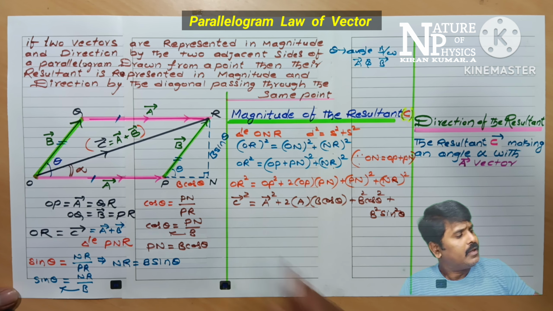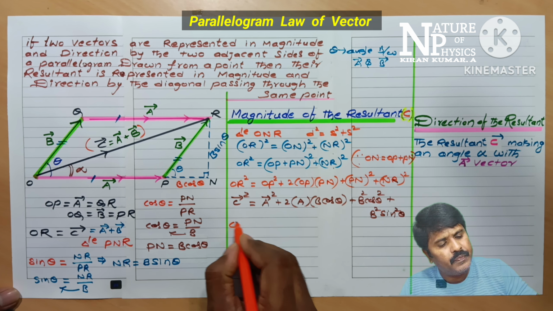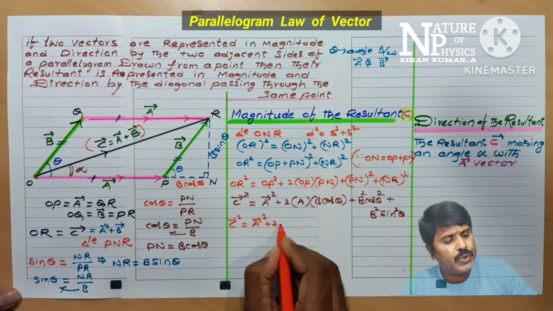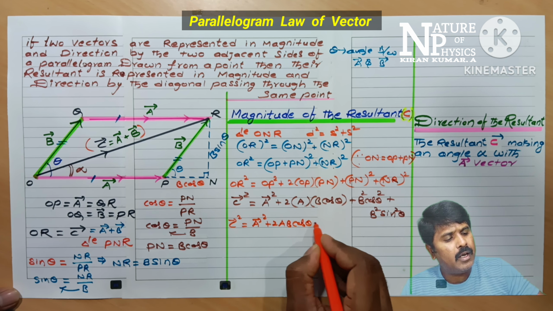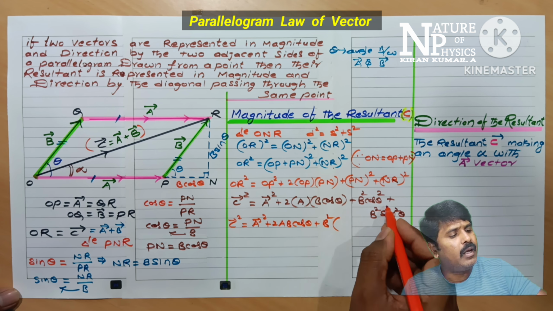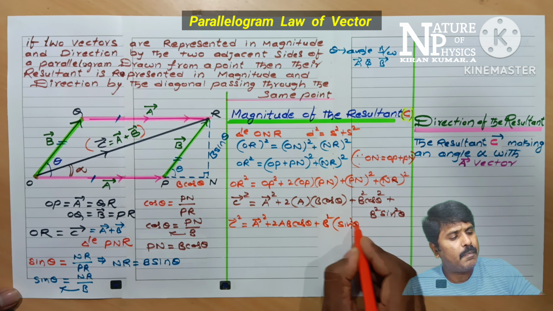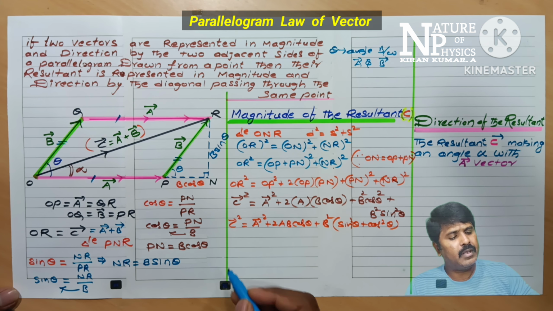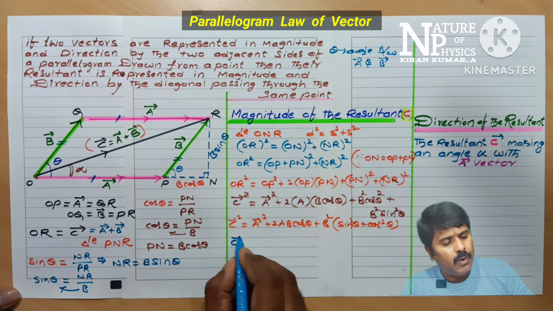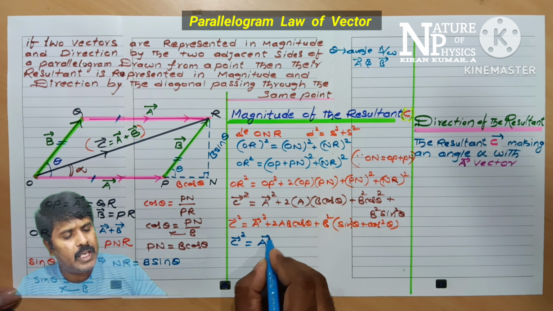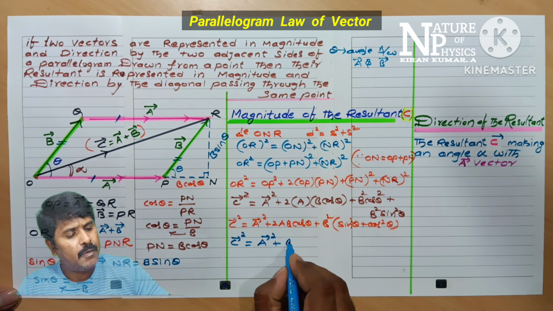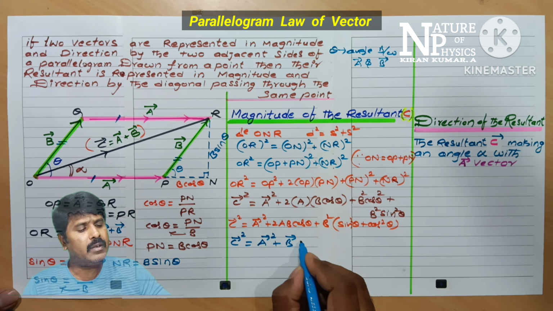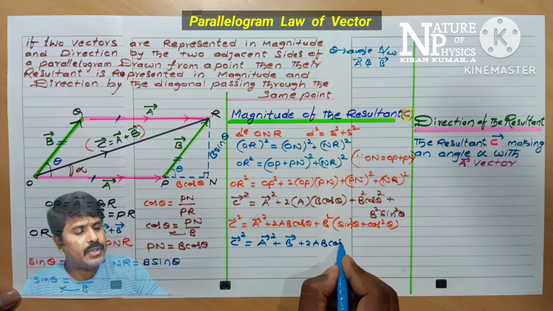Next step, C bar square is equal to A bar square plus 2AB cos theta plus B square common, sin square theta plus cos square theta, which is equal to 1, student. So C bar whole square is equal to A bar square plus B bar square, since sin square theta plus cos square theta is equal to 1, plus 2AB cos theta.